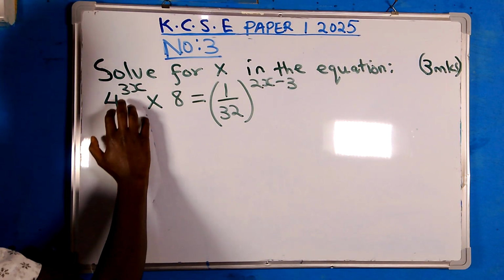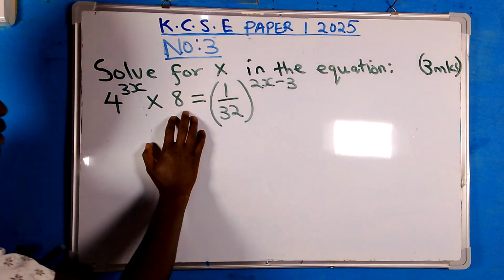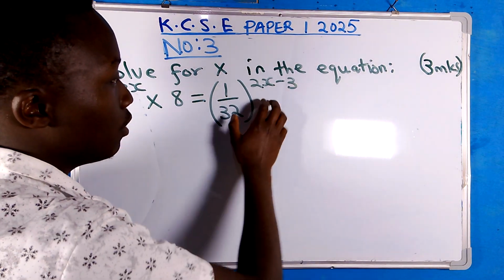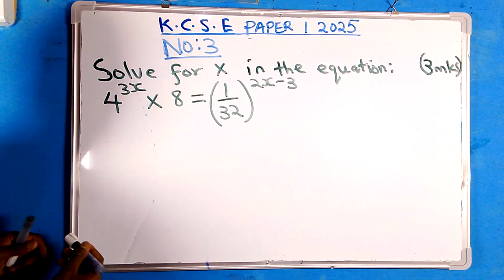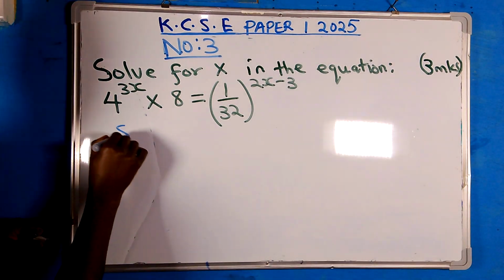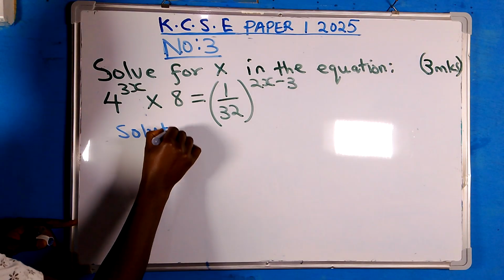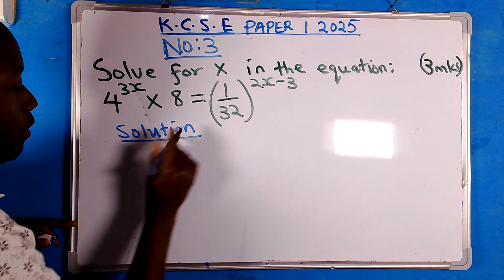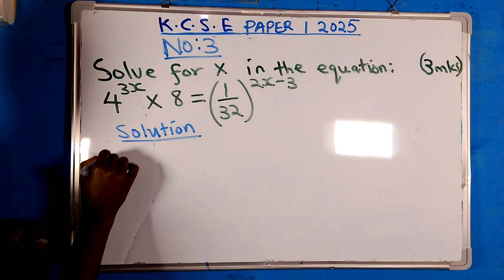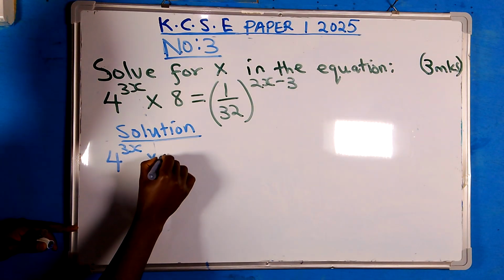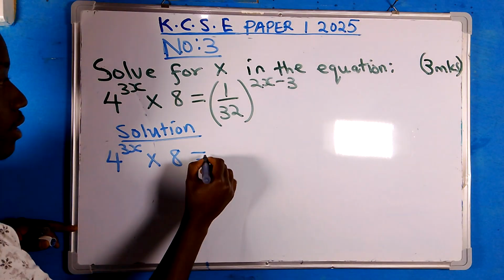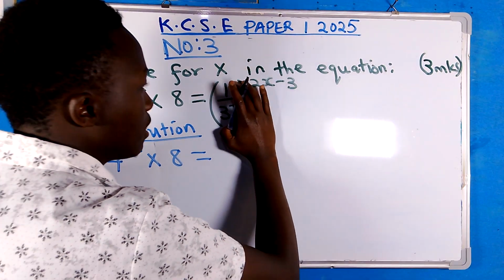So we have 4 to power 3x times 8 is equal to 1 over 32 to power 2x minus 3. So in such a question, let's have our solution. This can be written as 4 to power 3x multiplied by 8 is equal to 1 over 32.